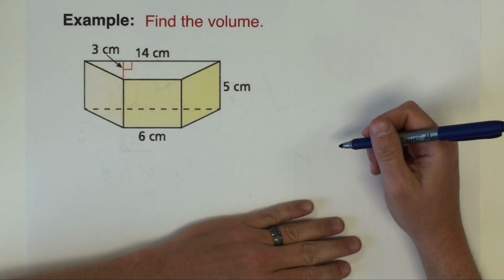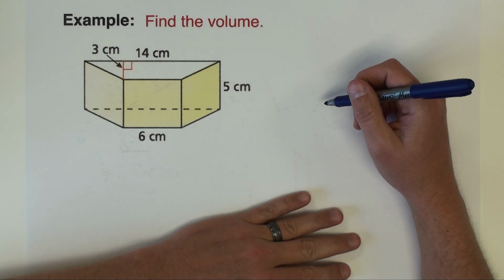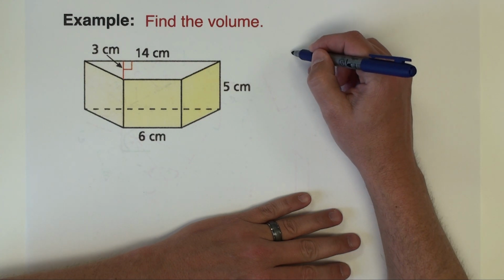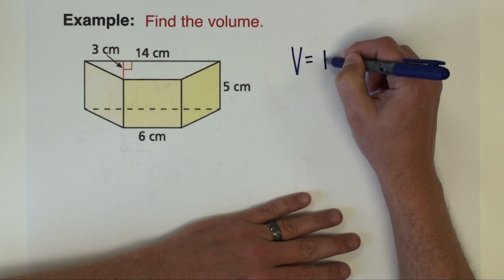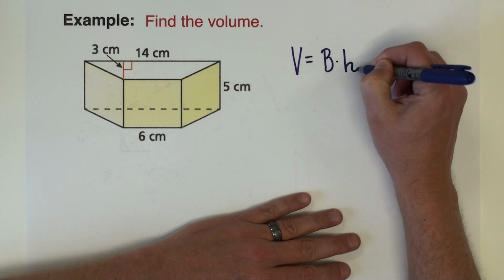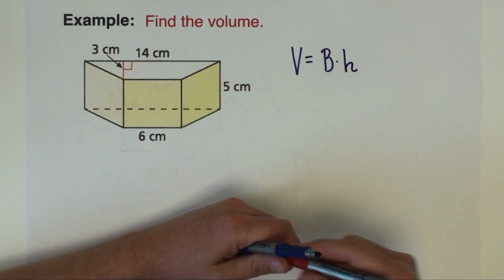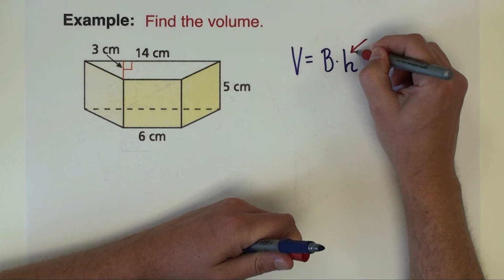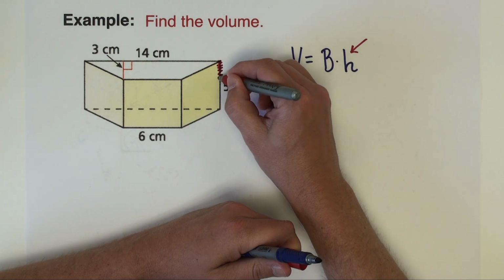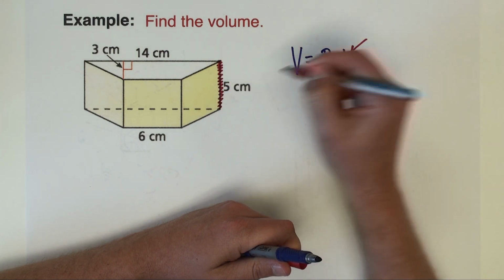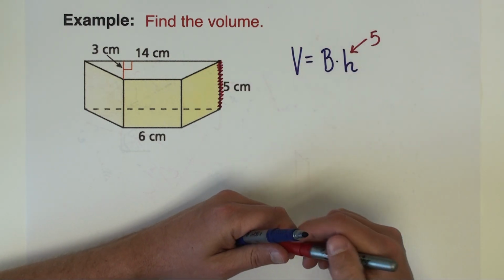All right, our next example problem asks us to find the volume of this prism. So again, volume formula is base area times height. The height of this prism is the distance between the top and the bottom of this prism, which is 5. Okay, so we've got that number.